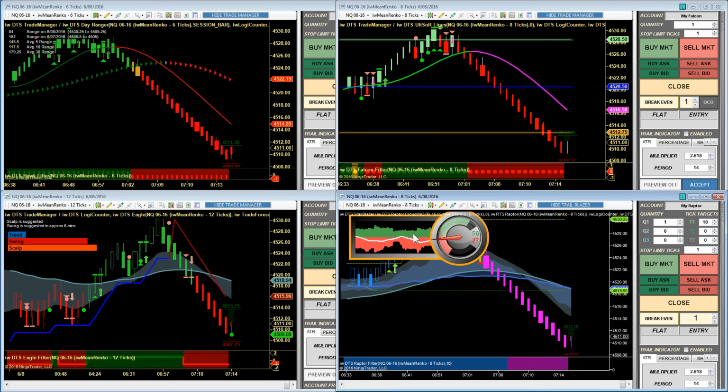Sellers just pouring it on, buyers not able to absorb all that selling pressure. We're getting a green dot here on the Eagle, so something is changing a little bit. We might be getting some sort of support coming in here. I would anticipate there's probably some profit taking or something going on.